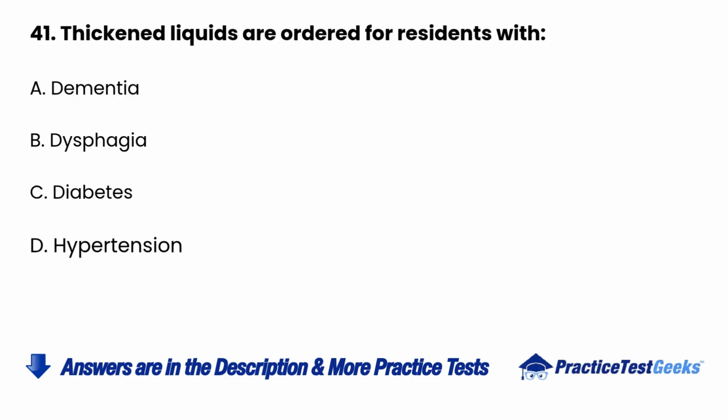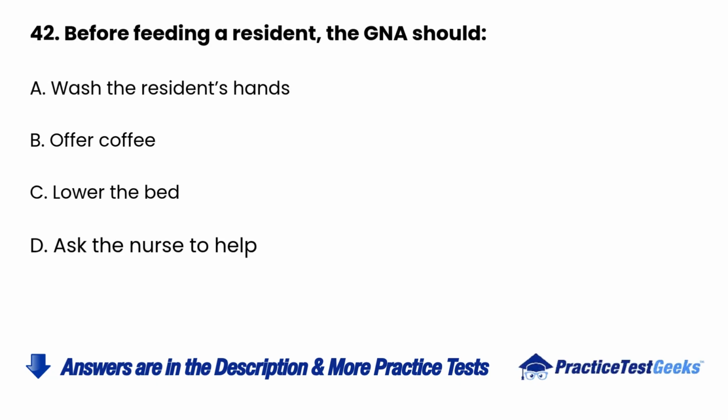Thickened liquids are ordered for residents with A. Dementia. B. Dysphagia. C. Diabetes. D. Hypertension.